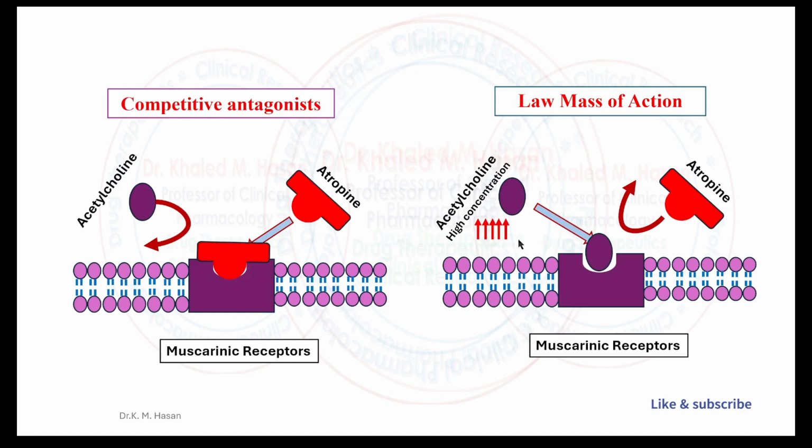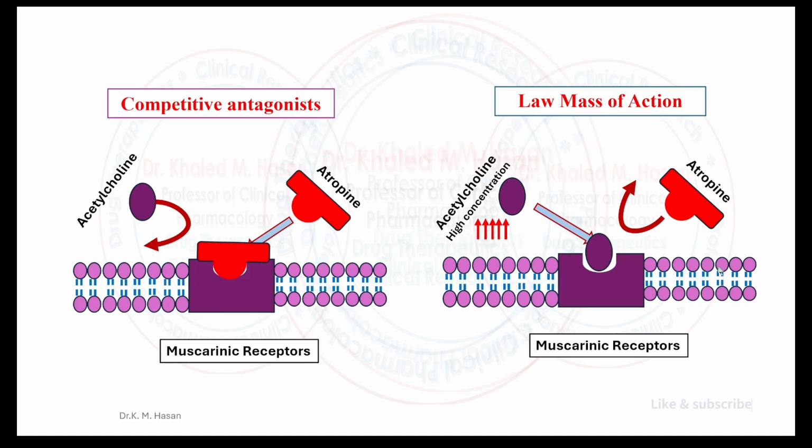So atropine blocks the muscarinic receptor. The slide shows atropine displacing acetylcholine from the muscarinic receptor, occupying the receptor, and blocking it. So here we have competitive blocking of the receptor.